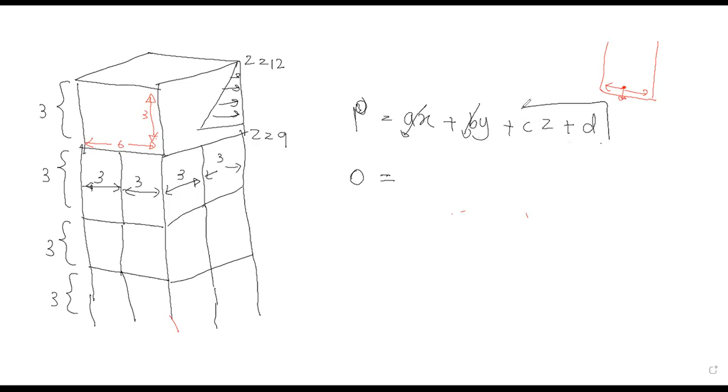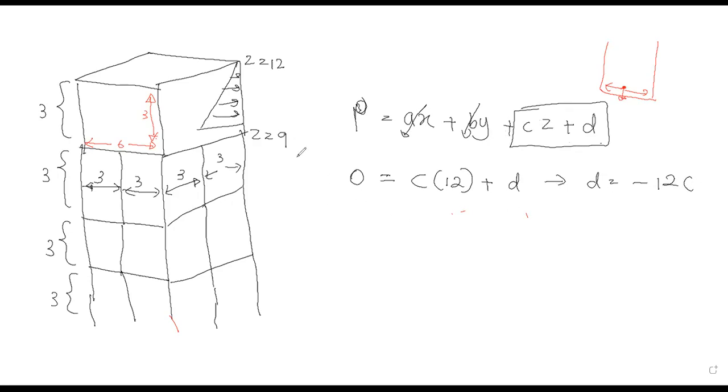So we'll only remain with these two parameters, and we have CZ plus D. We don't know the value of C, but Z is 12, and D we don't know. And we'll remain with D is minus 12C, right?